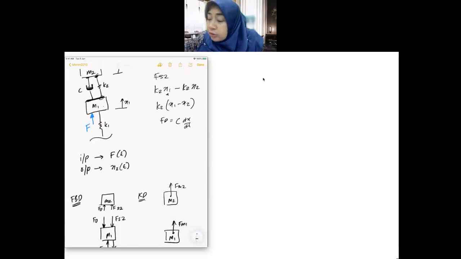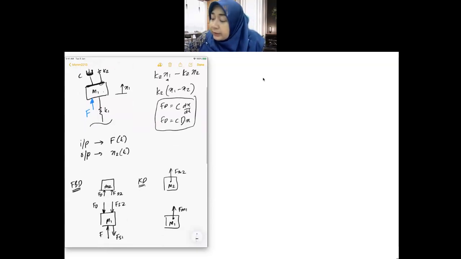But in control, I'm not going to use dx over dt. I will use a D operator. So it's going to be C, where d over dt is represented by a capital letter D, and then x. So that is my representation of the damper. In this case, the D operator is representing d over dt.